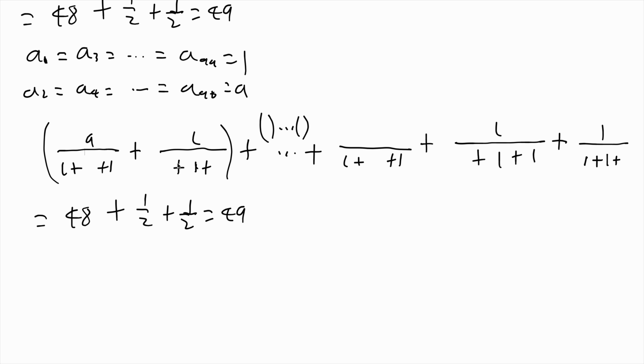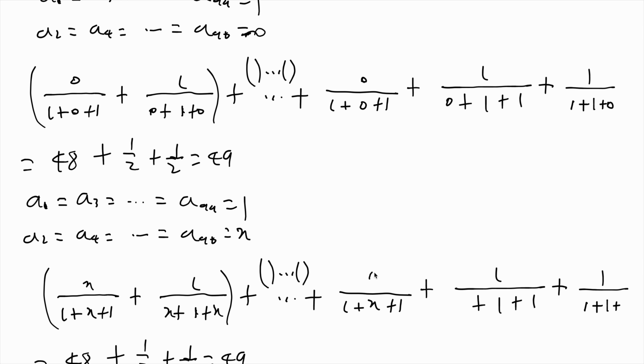Why don't we write it x, because we have a and that might be confusing. Wait, we have 0, 0, 0.